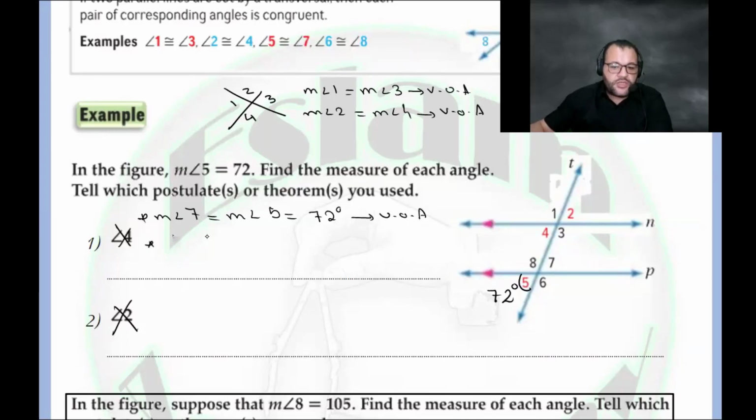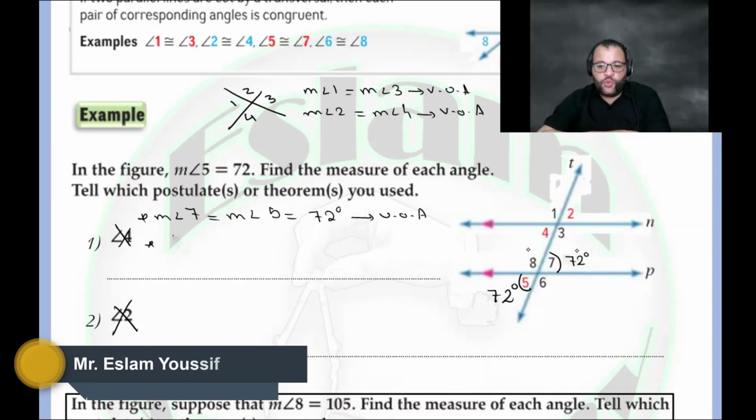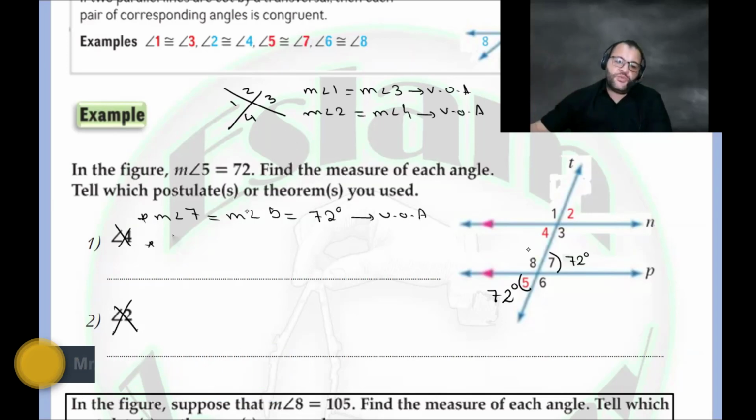We need to start from angle 7 now to move to another angle. Choose any angle that you can find from angle 7, which is 72. Angle 2: what is the relation between angle 2 and angle 7? They are corresponding.